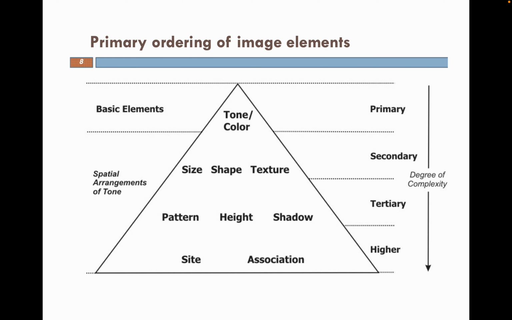So you can arrange these things, like color being the most basic one, and then things that have to do with colors, like pattern, size, shape, texture, height, shadows, and some of these patterns you will see best when the light is coming in from an angle.